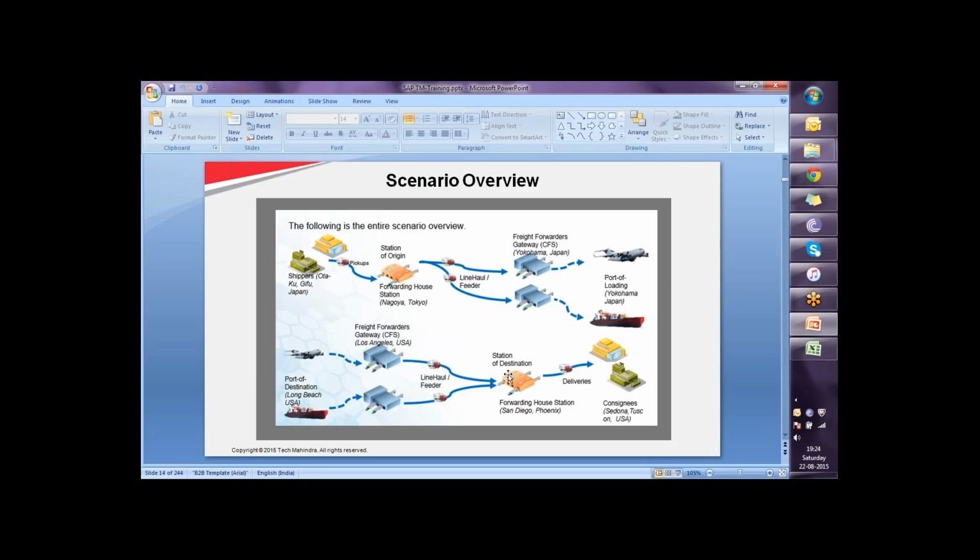This destination is your forwarding house station from where deliveries will happen. So this is a standard scenario. This scenario can be modified. It could be extrapolated based on the number of people involved. But this is the standard cycle which happens.